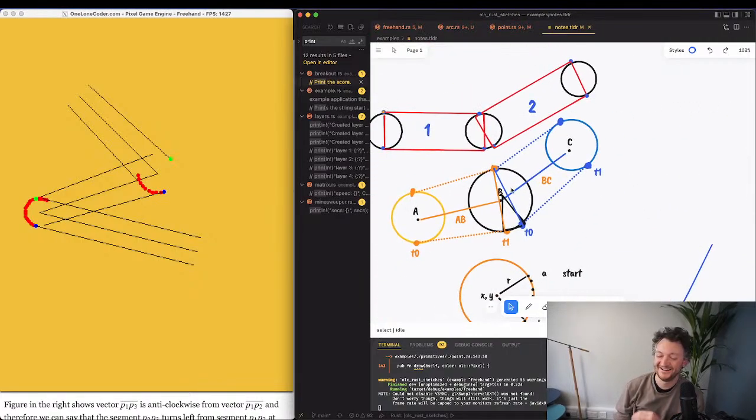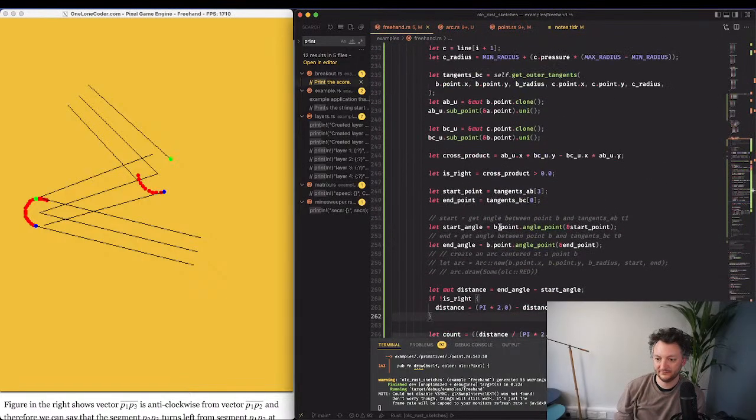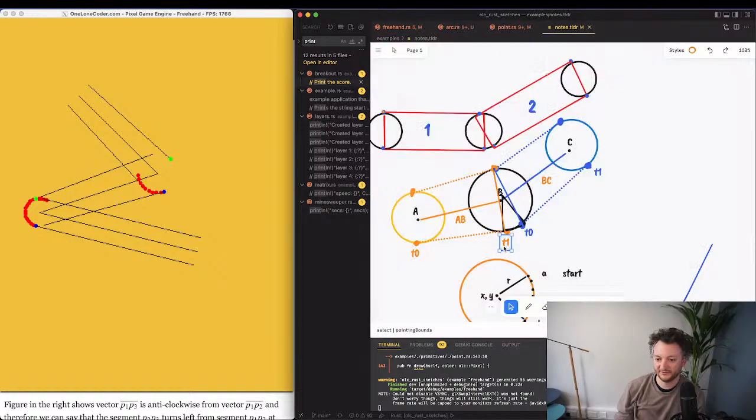Okay. Damn. All right. So we have this AB3 and BC0. So this is actually T3. So this is AB3. This is BC0. And if it is a left-hand turn, we want to get all the points from the start to the end.